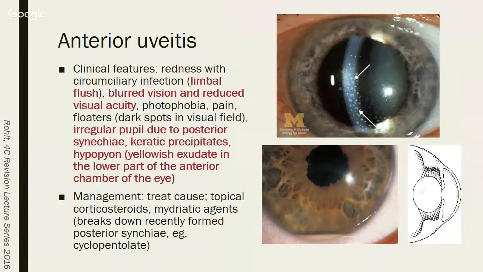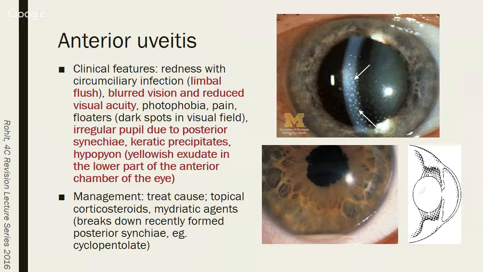And you can also get some other things as well. So some visual problems. You can get these precipitates here, because everything's inflamed and little bits just start coming off, and those are the precipitates. You can get this thing called posterior synechiae, which is important to remember. We'll talk about glaucoma later. So that's where the iris actually gets stuck to something posterior, and the thing posterior to the iris is the lens.